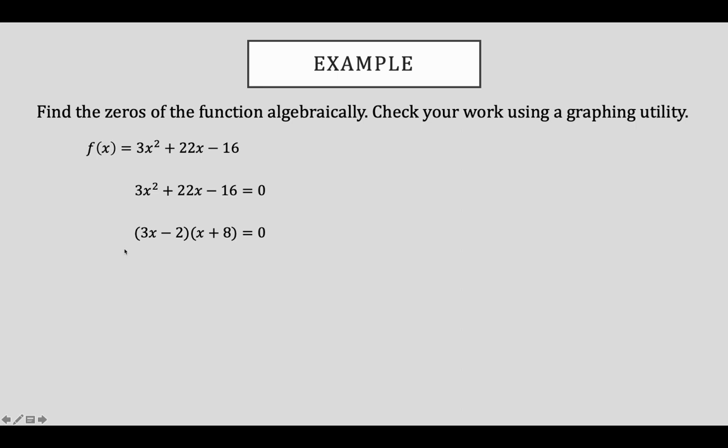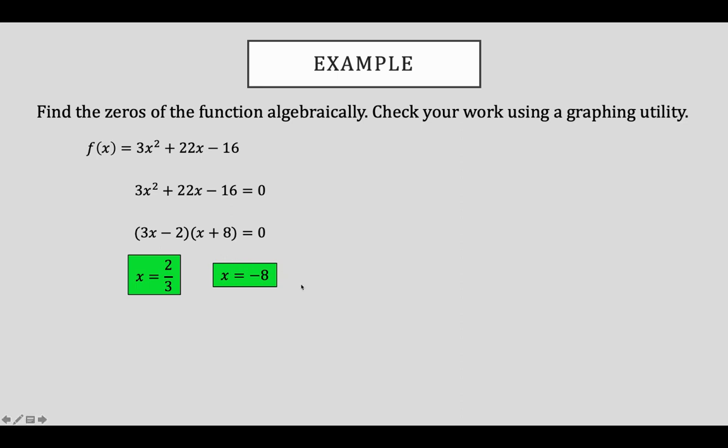So after we factor, what do we do with each factor? We set each factor equal to 0 and solve for x. Setting the first factor equal to 0 and solving for x gives me x is equal to 2/3. And setting my second factor equal to 0 and solving for x gives me x is equal to negative 8.